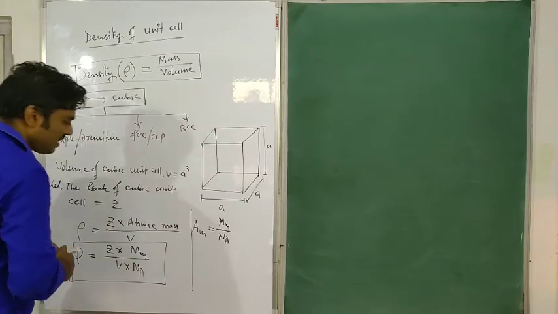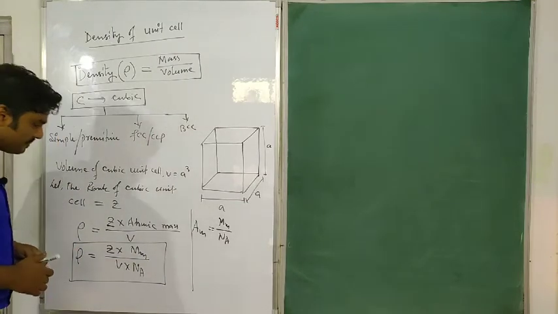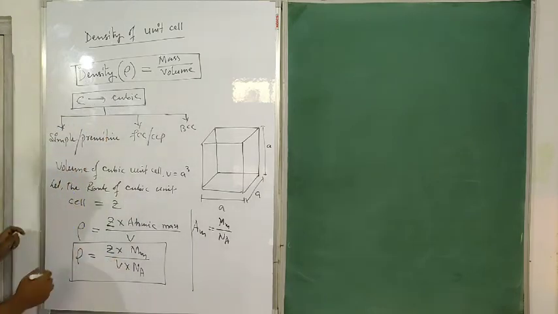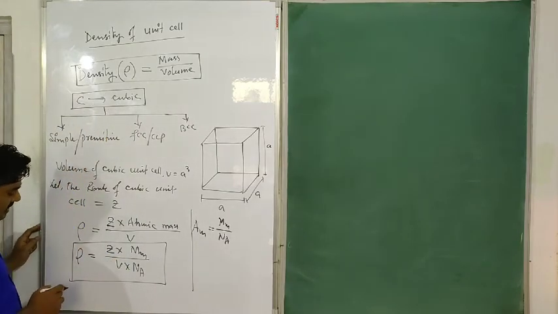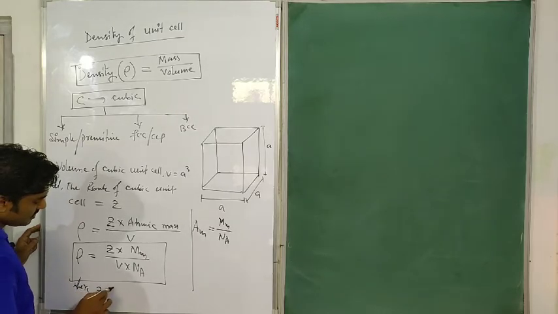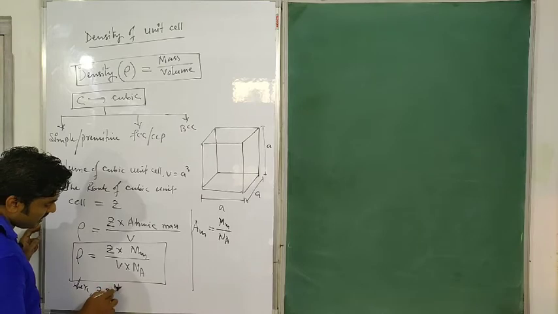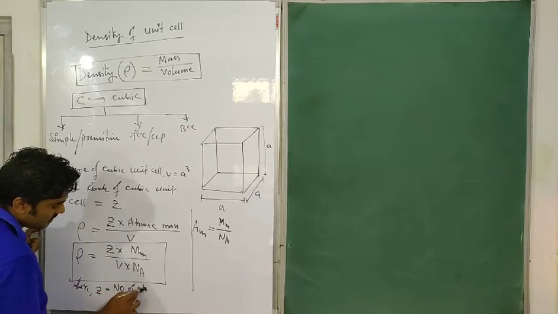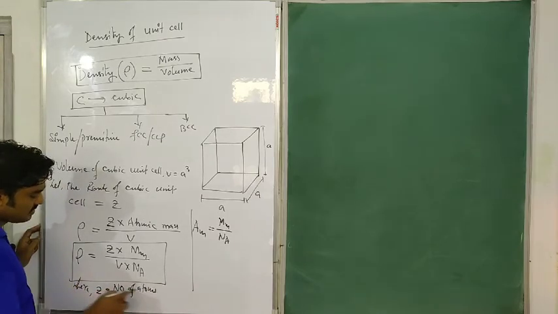So here you can mention one thing. You write here, where Z is equal to the effective number of atoms. You can write number of atoms or constituent particles.